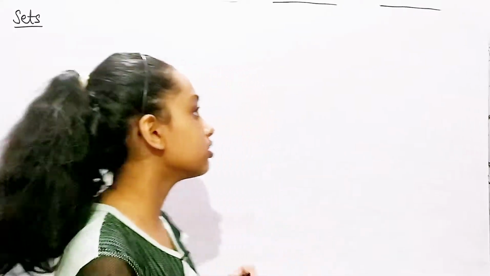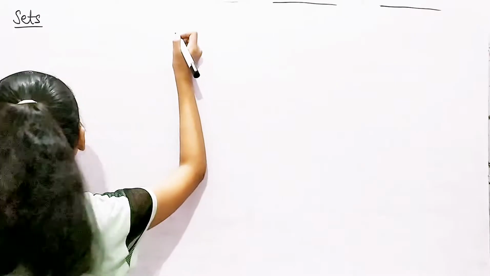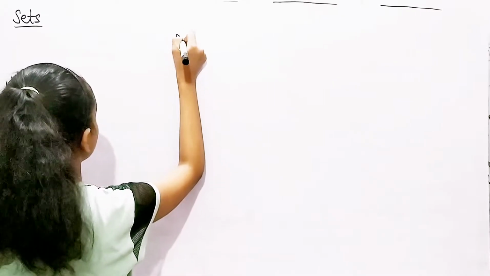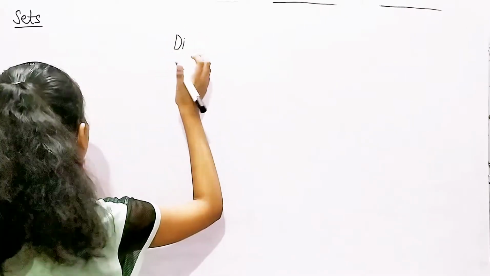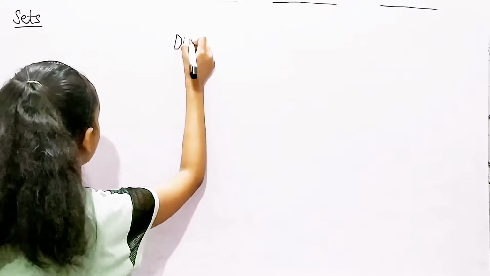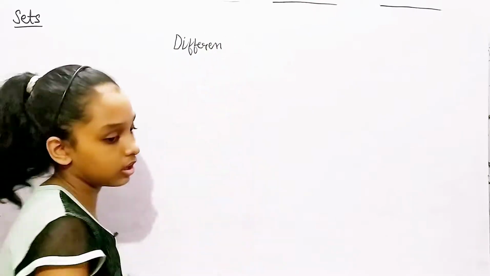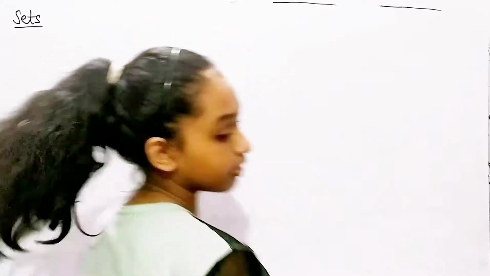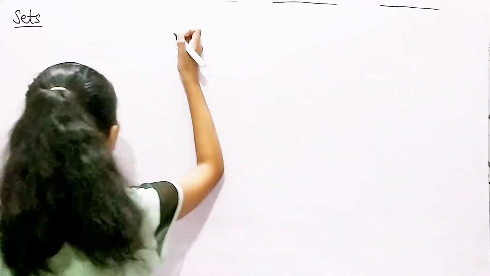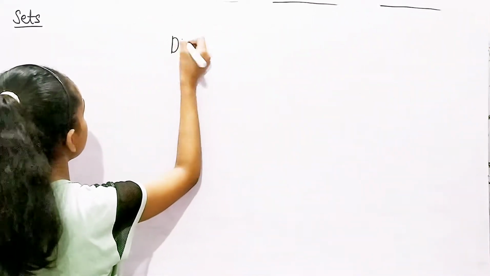So first we're going to discuss the difference of sets. Let me just write the heading. What is it? It's difference of sets. Difference basically means a subtraction, but we aren't going to do any subtraction in sets.